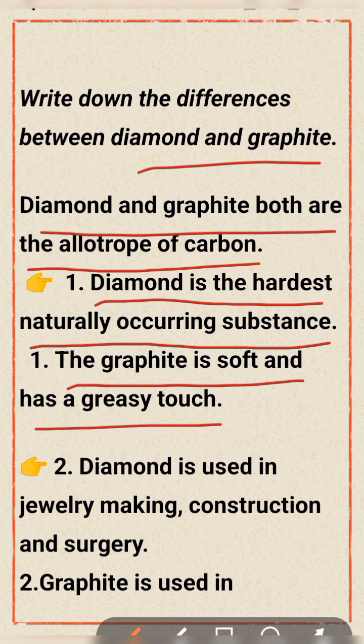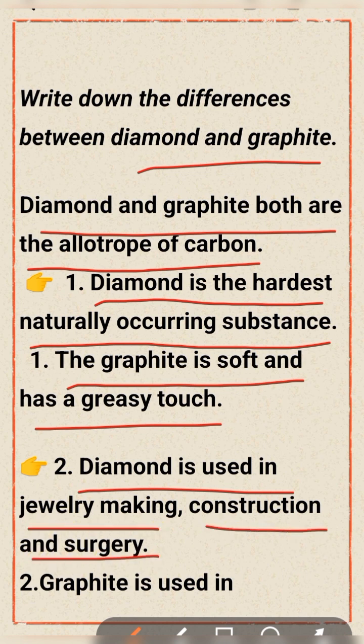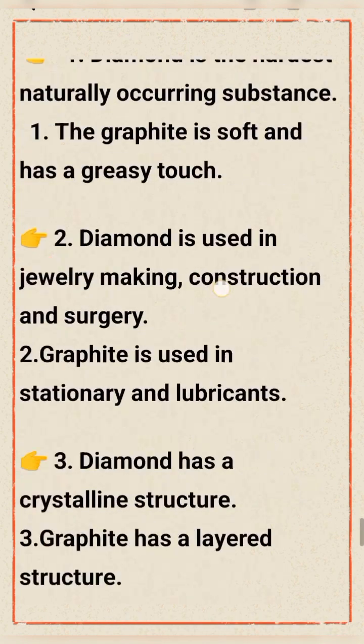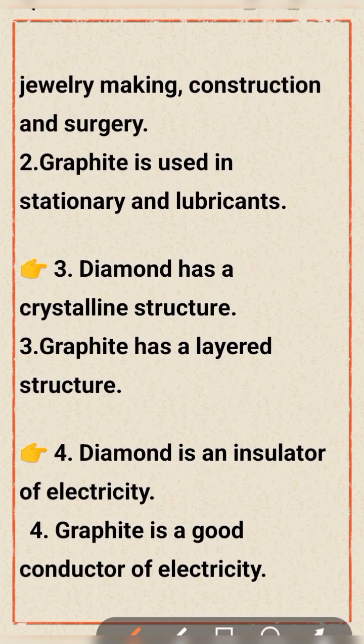Second point: diamond is used in jewelry making, construction and surgical purposes. But graphite is used in stationery, as a lubricant, and also as pencil lead.